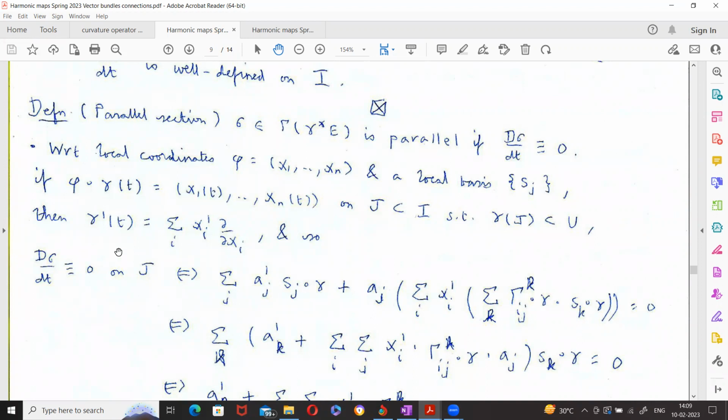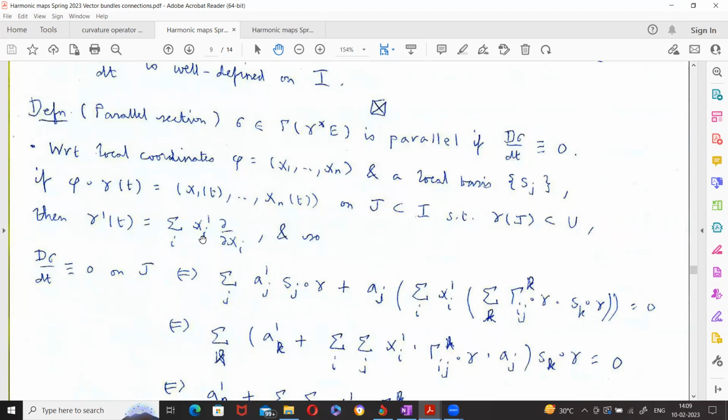And so D sigma dt identically equal to 0 means what? If sigma is equal to the summation of aj Sj composed with gamma, then we know that D sigma dt will be the sum over j of aj prime Sj composed with gamma plus aj times nabla sub gamma prime of Sj.